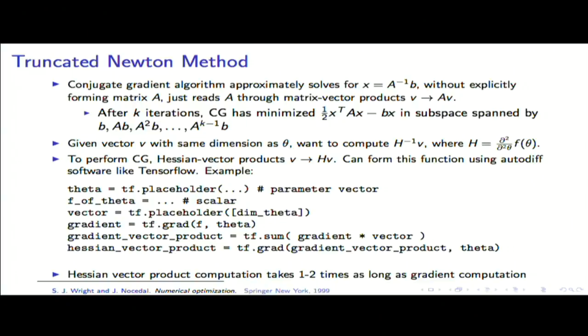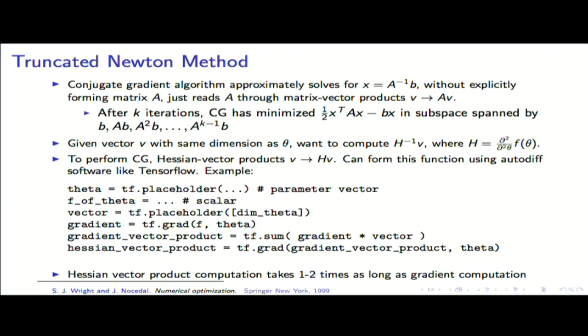So what we're going to do instead is cleverly try to compute it by constructing a scalar and then differentiating that. We first construct a scalar of the gradient vector product, and then we differentiate that to get the Hessian vector product. So you take the gradient, and then you take the dot product of the gradient and the vector.